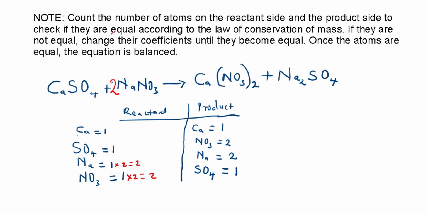Reactant side, Na is 2. Product side, Na is 2. Reactant side, NO3 is 2, and product side, NO3 is also 2. So this polyatomic ion equation is therefore balanced.